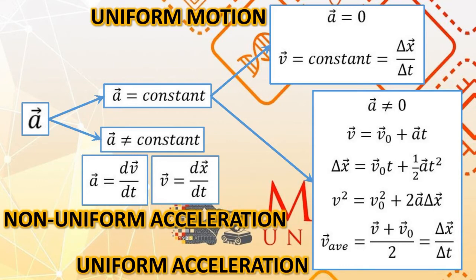If the acceleration, on the other hand, is constant at a non-zero value, a is not equal to 0, our two basic equations, a is equal to dv over dt and v is equal to dx over dt, give us several equations that we can use to analyze the motion of the object.